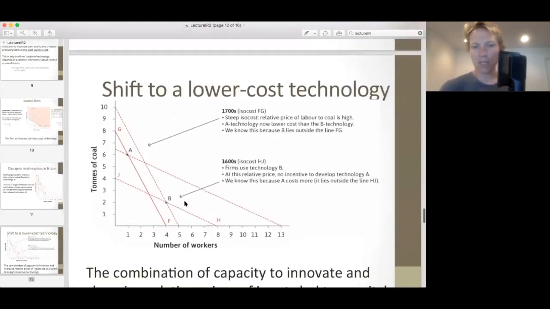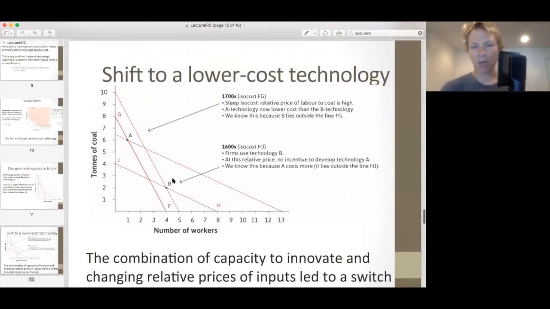So here in the 1600s, workers are relatively cheap, and I can't move to here, or if I want to maintain my costs, I can't move to here. This is more expensive. Now, once we get the higher wages and we develop this technology that we can use more coal, then I can get to here.